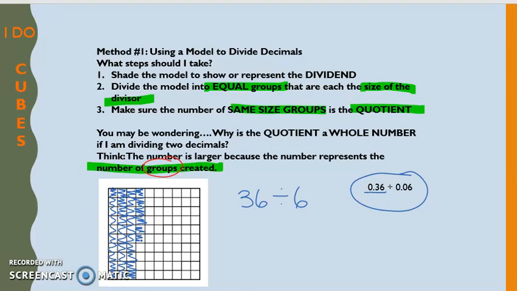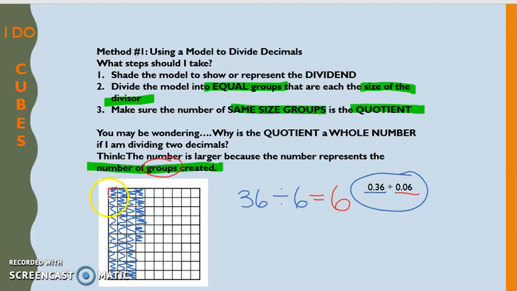Now what we need to do is have 6 hundredths in each of 6 equal sized groups, because before I told you that we're going to think of this as 36 divided by 6, which gives you 6. So that means that our whole number of groups is going to be 6 groups, and we need 6 hundredths in each group.